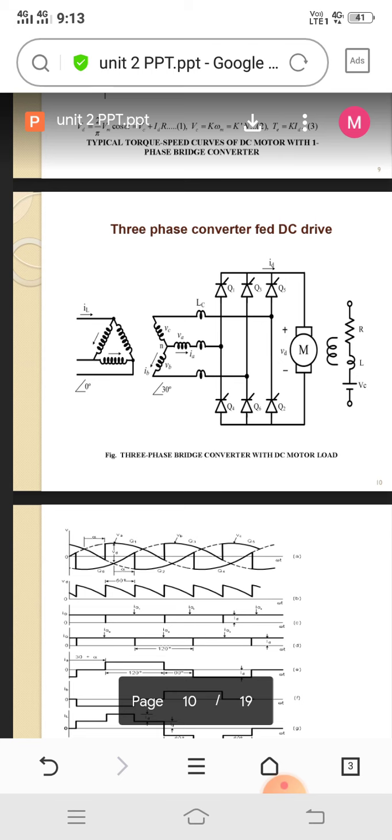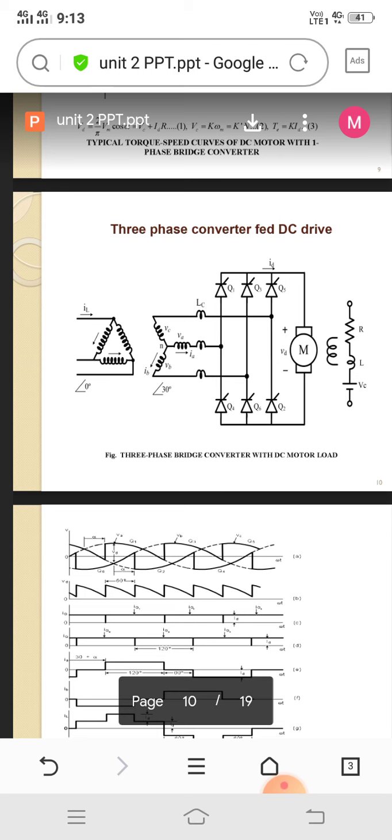So totally 6 SCRs: 3 SCRs allocated to give a proper positive supply, 3 SCRs allocated for negative supply. The AC circuit is delta to star connected for giving the star input to the 6 SCR circuit.